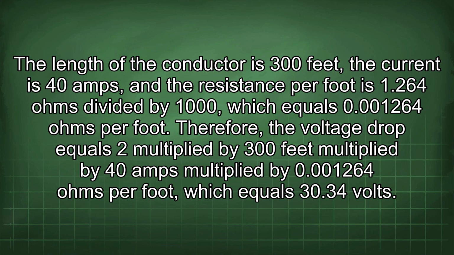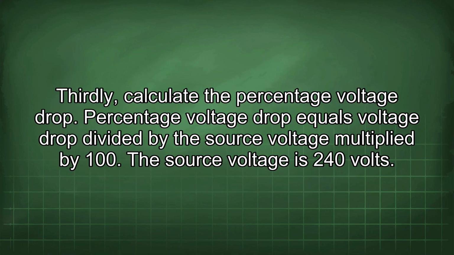Therefore, the voltage drop equals 2 multiplied by 300 feet multiplied by 40 amps multiplied by 0.1264 ohms per foot, which equals 30.34 volts. Thirdly, calculate the percentage voltage drop. Percentage voltage drop equals voltage drop divided by the source voltage multiplied by 100.